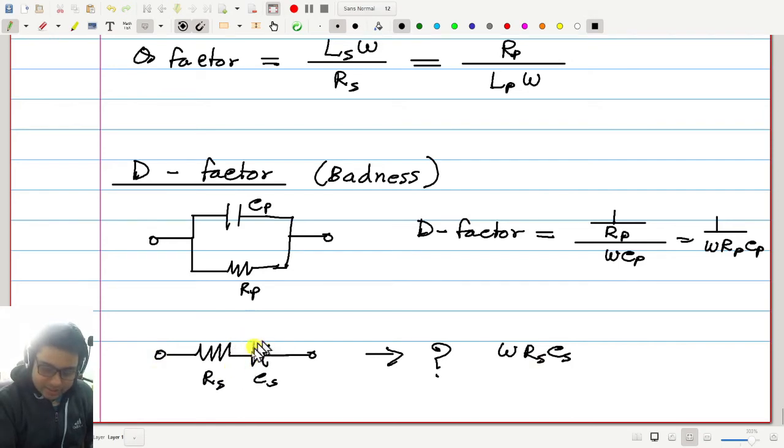Now this impedance will be high compared to this impedance if it is bad. So this impedance is Rs divided by this impedance, which is 1 by omega Cs. Okay, you should check it by writing Rp and Cp in terms of Rs and Cs. Substitute those values in this equation and see if you are getting this or not.